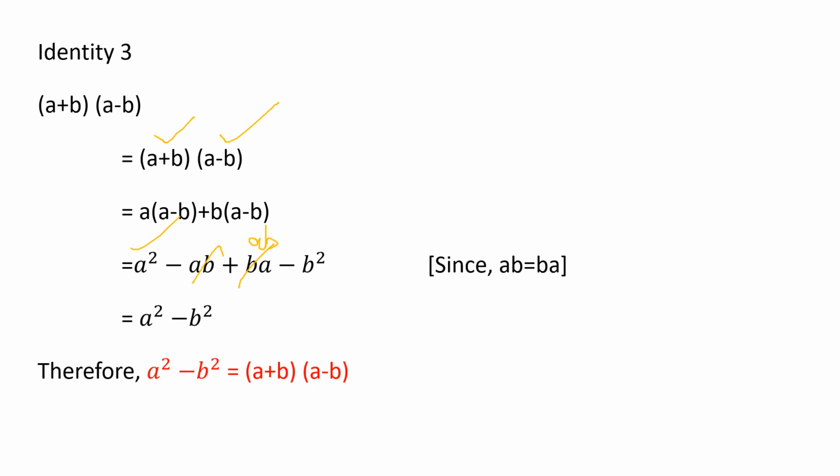So we have learned three identities. What is the first one, children? (a plus b) the whole square. This is the first identity. You have to keep this in mind: a square plus 2ab plus b square.